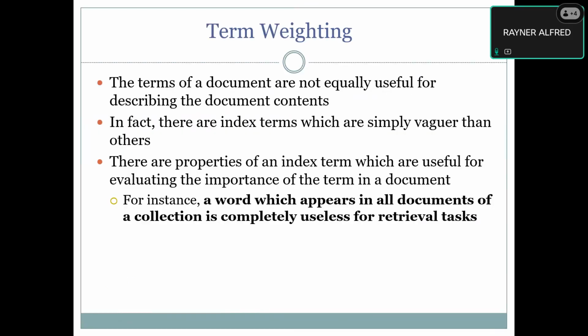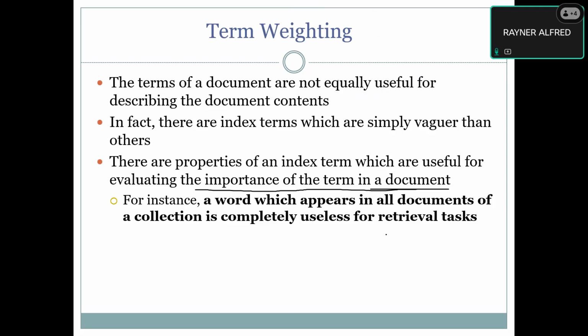Okay. So in term weighting, we basically look at the frequency. We are looking at the importance of the term in a document. So we can use frequency to tell that this document talks about, or mentions, quantum computing 6 times.